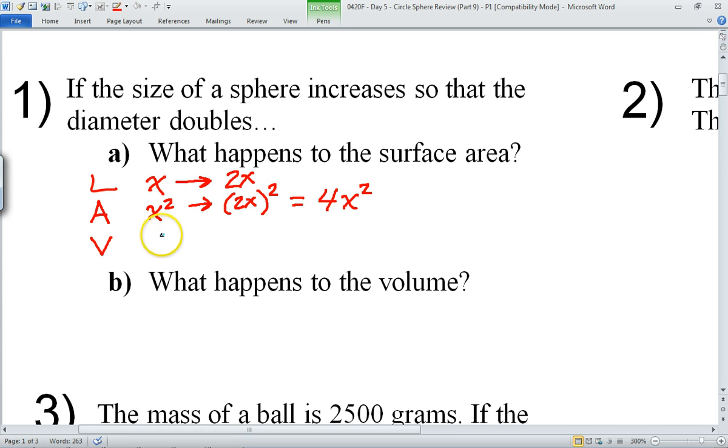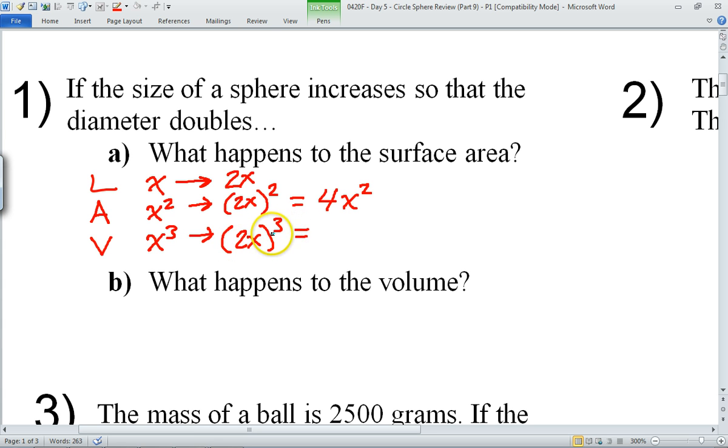Let's just do all three. The volume. The original volume is always the length cubed, so x cubed. The new volume is going to be the new length cubed. So notice I'm still going back to the 2x. It all goes back to the length. So I'm going to take my 2x and I'm going to cube it because I'm doing volume now.